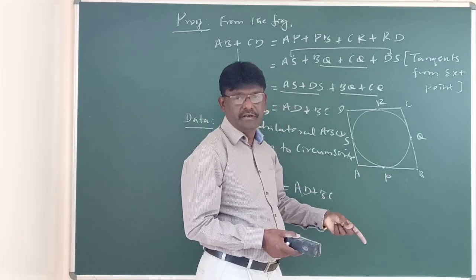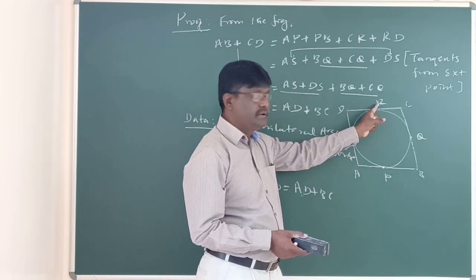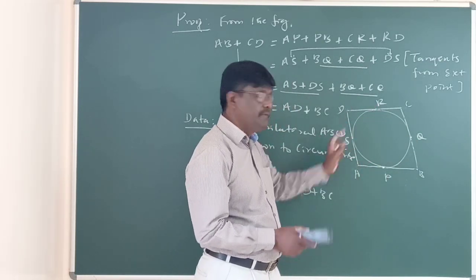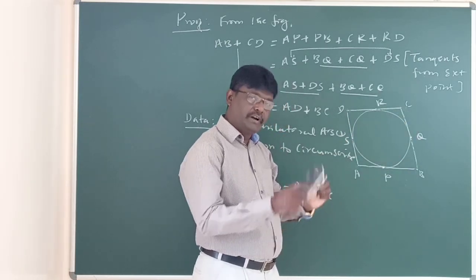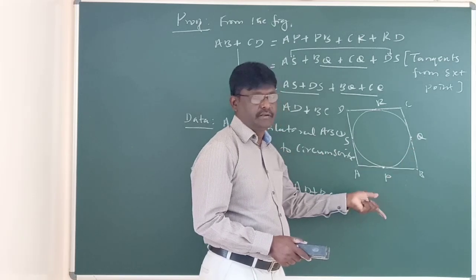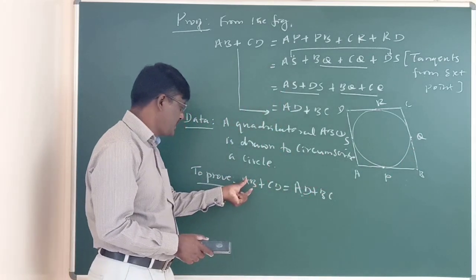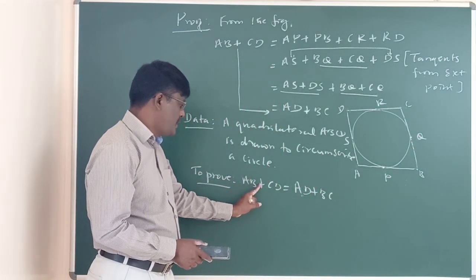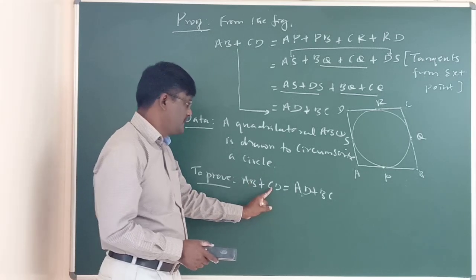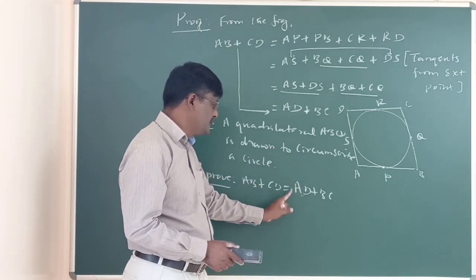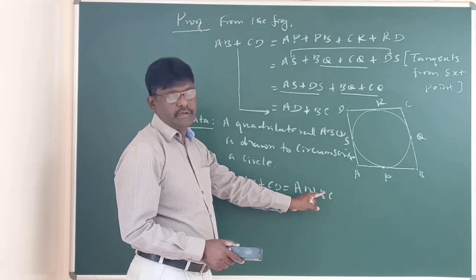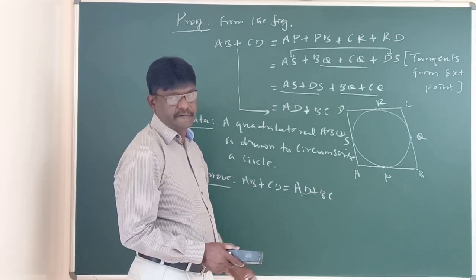Nothing but 13. How? 5 plus 8. Individually, what is AD? We don't know. What is the length of BC? No idea. But the sum of these two is 13, because just now we have proved that the sum of the opposite sides of a quadrilateral which circumscribes a circle is equal to the sum of the other opposite sides.